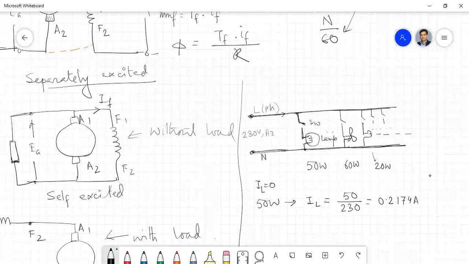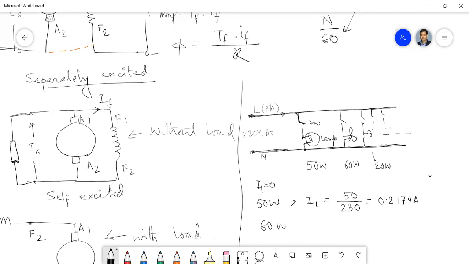Now next, this is already switched on, and I switch on another load, a 60 watt fan. What will the current be now? The first one will already be there, isn't it? Because they are connected in parallel, more current will flow. So 60 divided by 230.